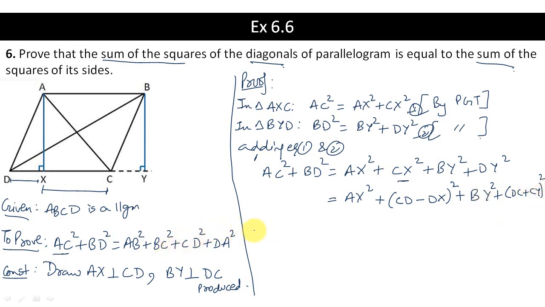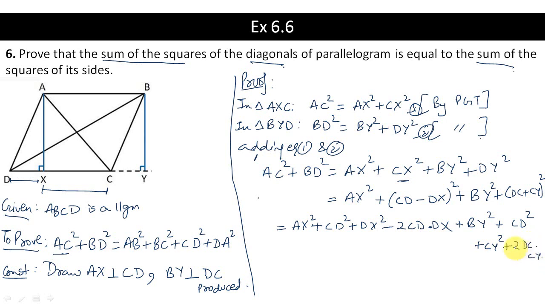So when we open these squares, we'll get CD square plus DX square minus 2 times CD into DX, since A minus B whole square is A square plus B square minus 2AB, plus BY square plus, here it will be A plus B whole square, so A square plus B square plus 2AB, 2 times DC into CY.